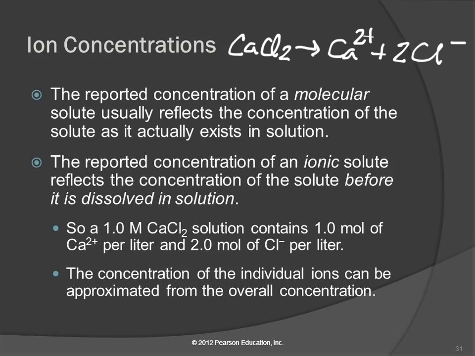So a 1 molar solution is going to have 1 mole of calcium ion per liter and 2 moles of chloride ions per liter. Sometimes this matters. Sometimes we care about this, other times we don't. But we can estimate the concentration of individual ions from the overall concentration if we know the formula of the compound.